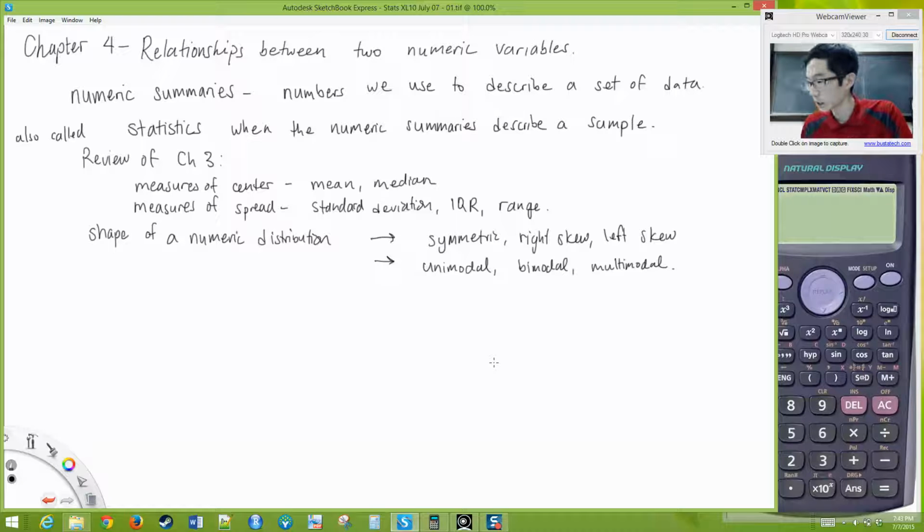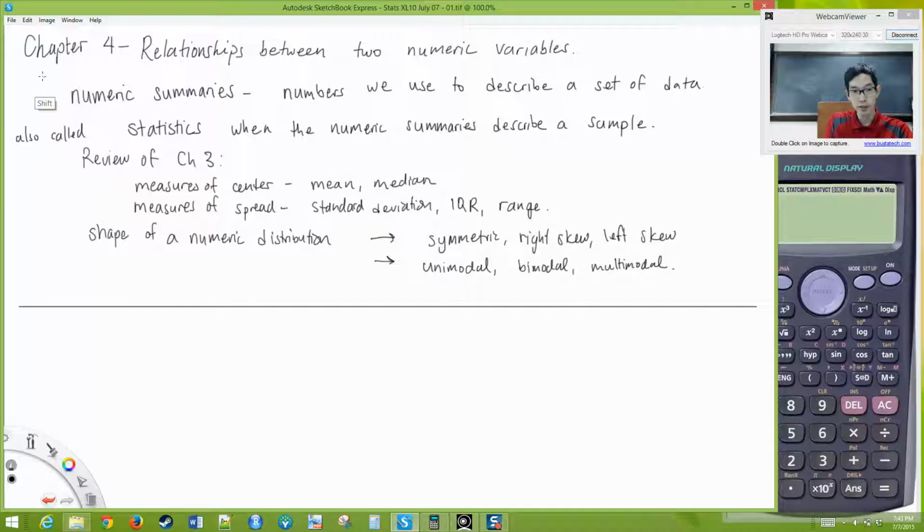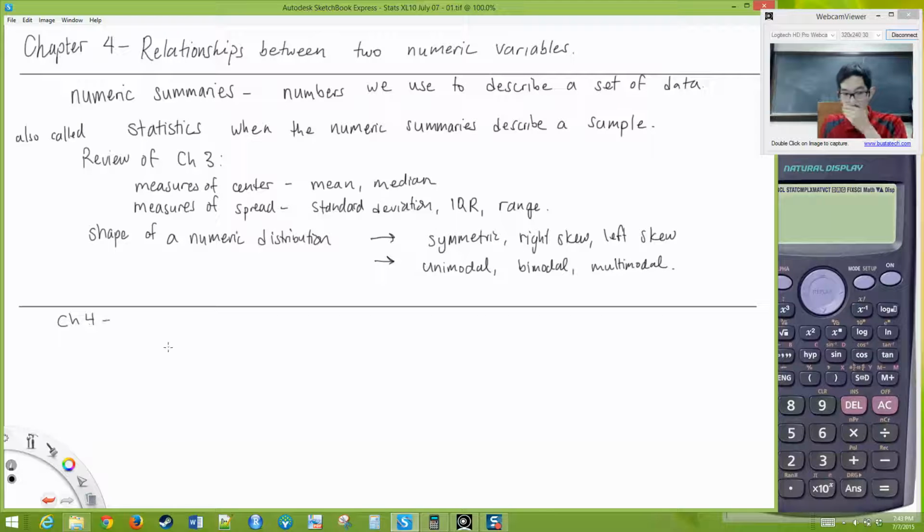So our first set of data, okay, so let me just describe. So this is a review of Chapter 3 right here, but now we're back into Chapter 4. So let me just describe our data set, okay?